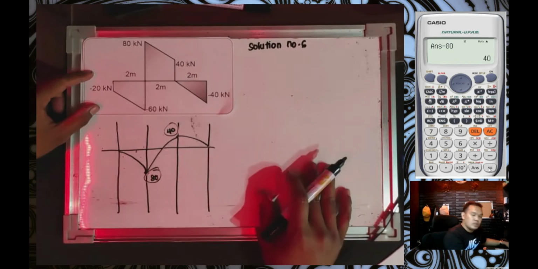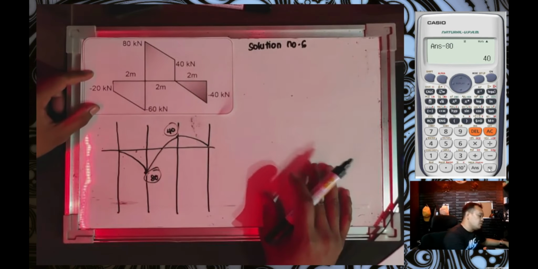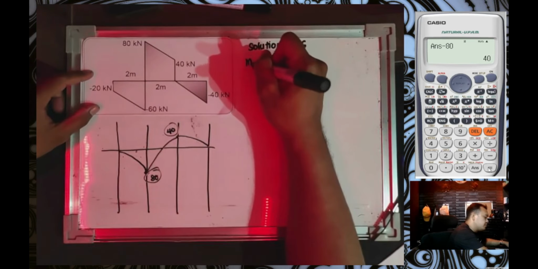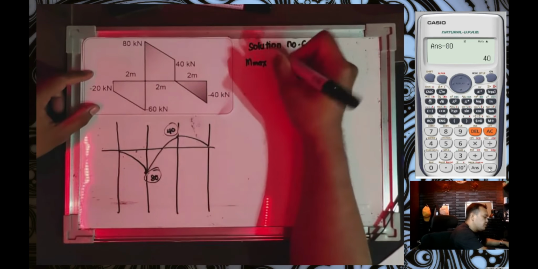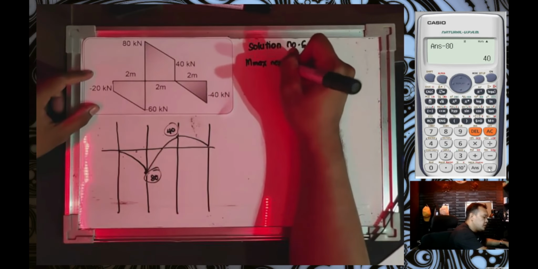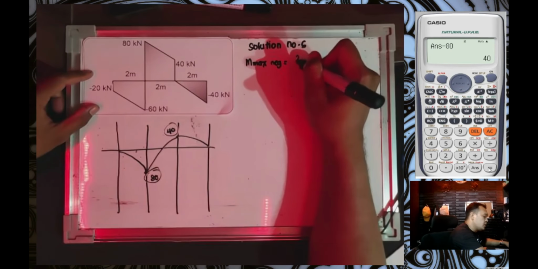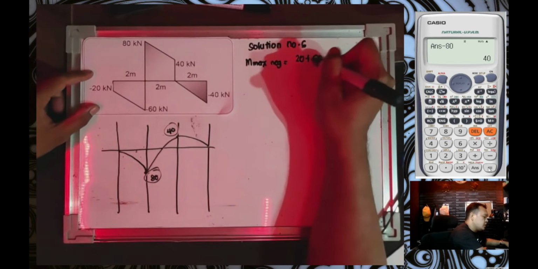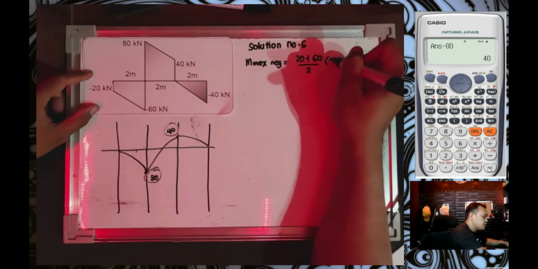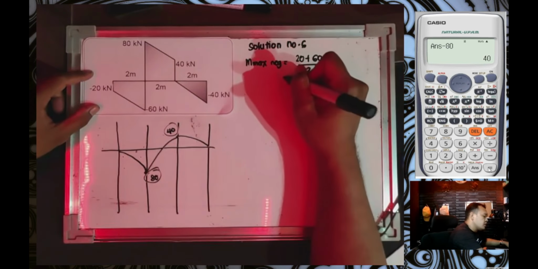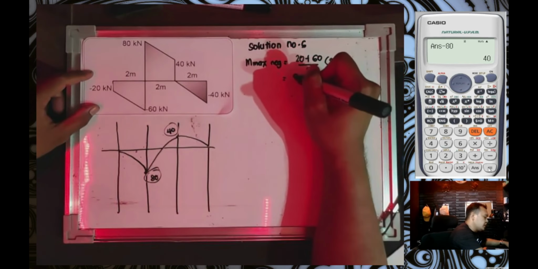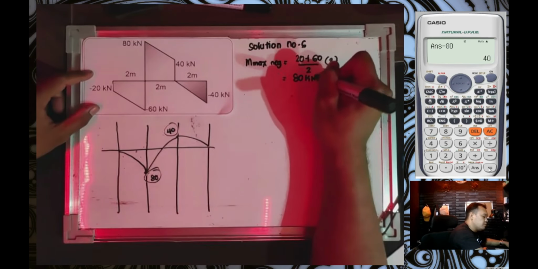Same goes din dun sa equation. Para makuha mo yung equation, M max negative is equivalent sa area lang nito: 20 plus 60 divided by 2 times 2 equals 80 kilonewton meter.